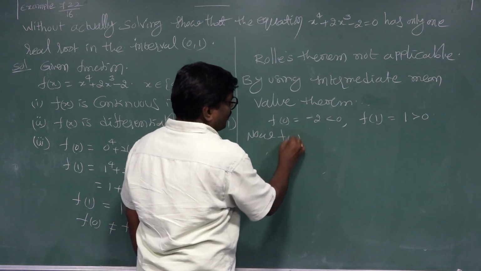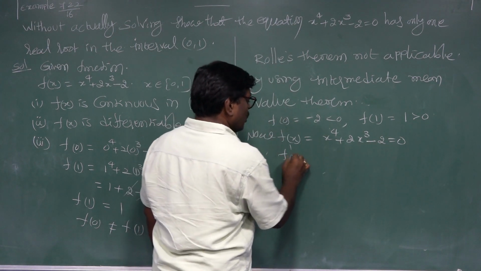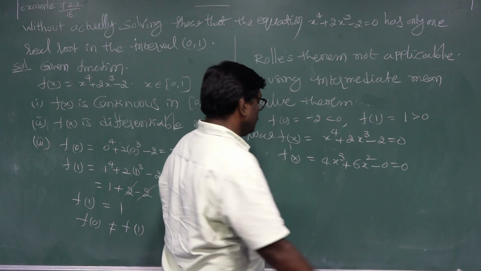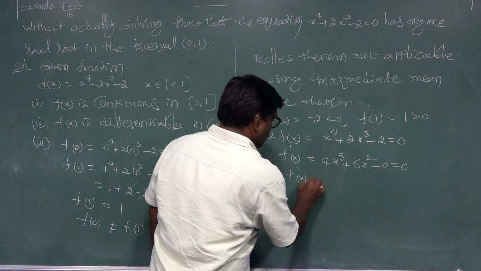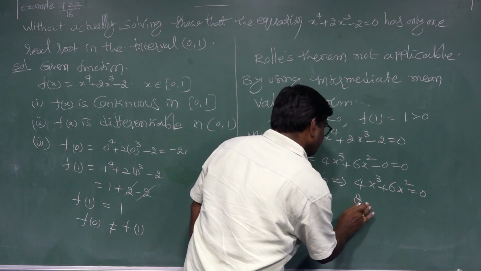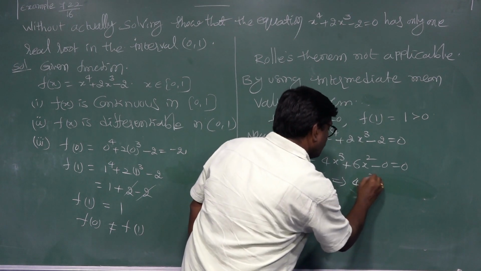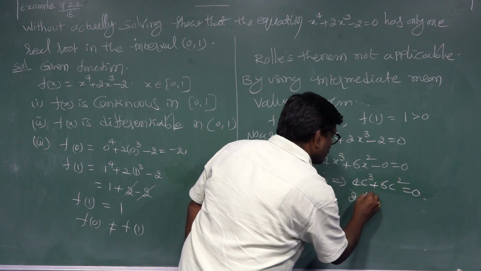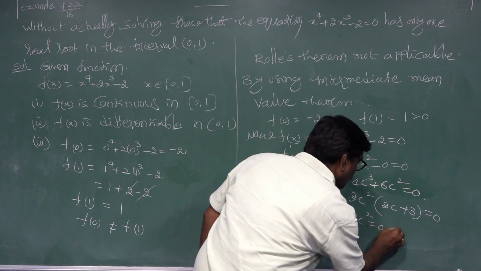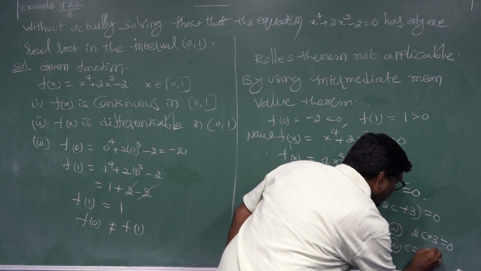Now f(x) = x^4 + 2x^3 - 2 = 0. f'(x) = 4x^3 + 6x^2; the constant's derivative is 0. Setting f'(x) = 0 implies 4c^3 + 6c^2 = 0, so 2c^2(2c + 3) = 0. Then 2c^2 = 0 or 2c + 3 = 0, so c = 0 or c = -3/2.